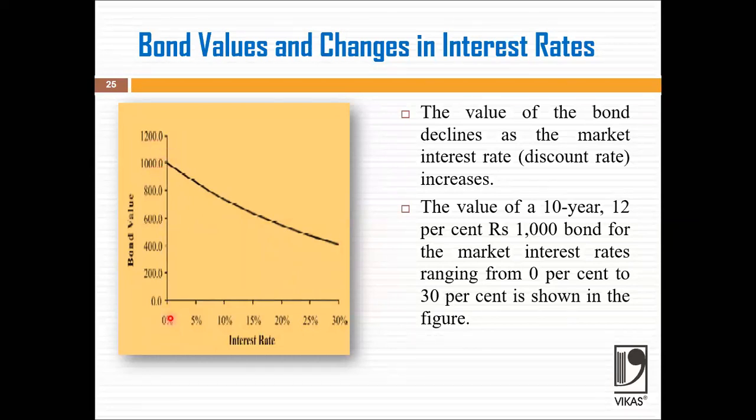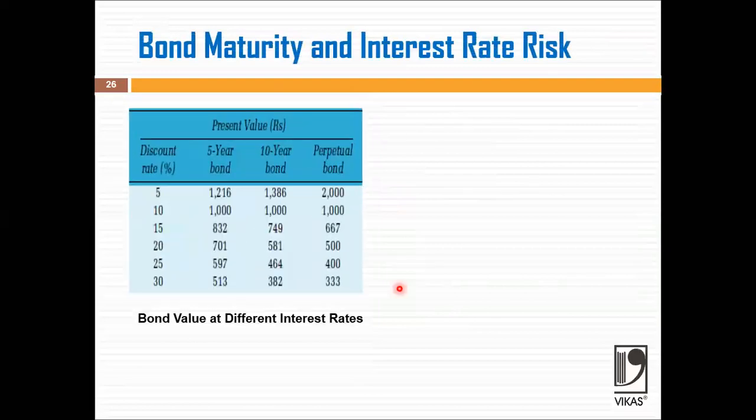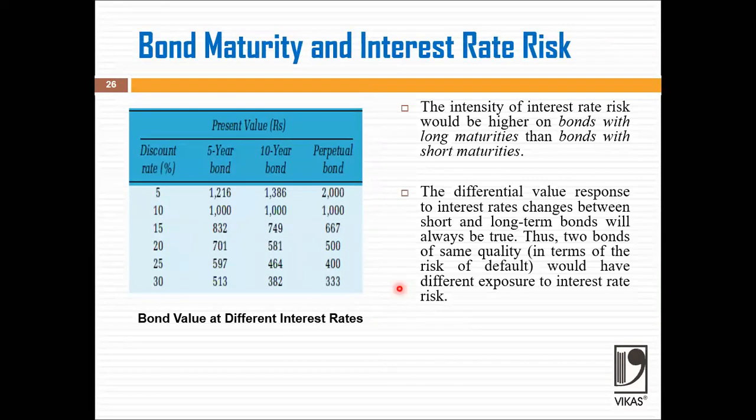If interest rate is 0, right, and KD is 0, the value will be 1,000. When interest rate increases, the value of the bond will reduce, right? Downward slope.